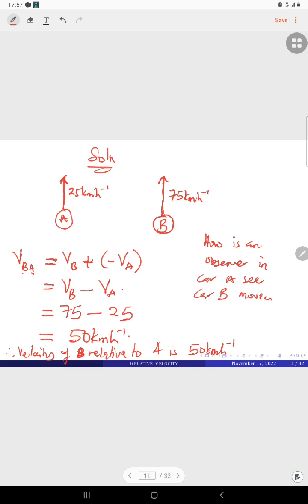That is the meaning of velocity of B relative to A. If we find VAB, this means how an observer in car B sees car A moving.